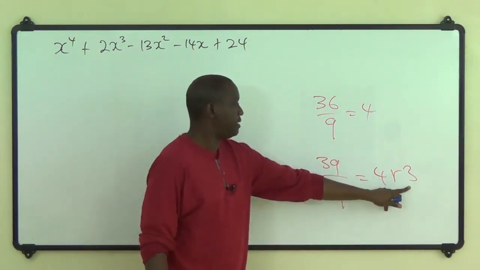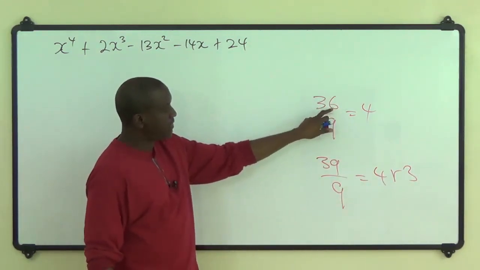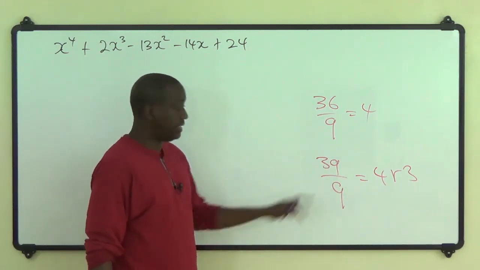This 3 is the 3 extra that you would have added on to 36 to get 39.